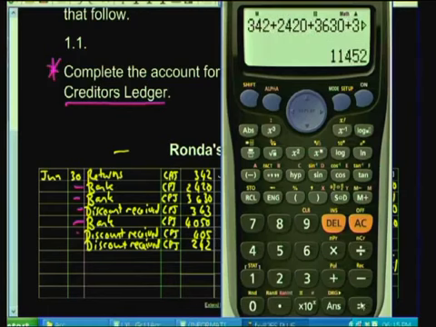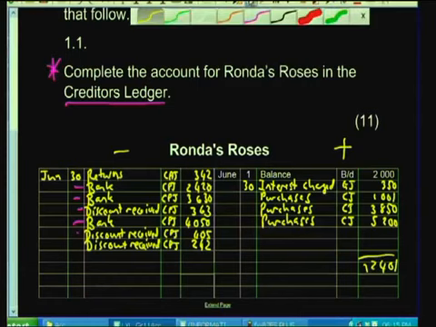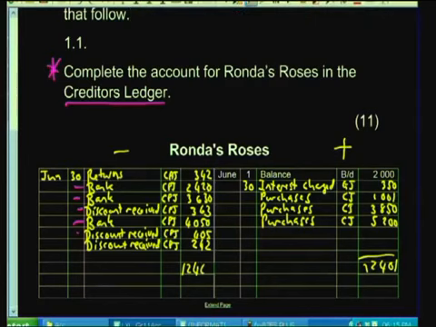Gives me an answer of 11,452 Rand. We know that that 11,452 is less than the 12,401, so we know that the 12,401 is going to be the total for both sides, so let's put it in, 12401.